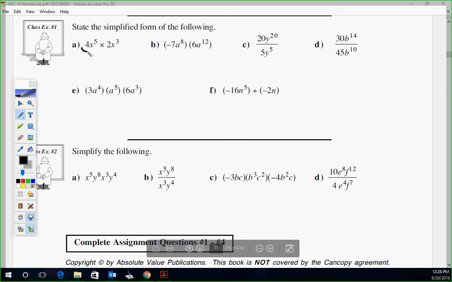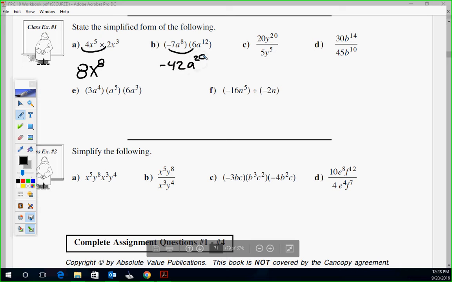Here, 4 times 2 is 8, x5 times x3 is x8, because you add 5 plus 3. B: negative 7 times 6 is negative 42, a8 times a12 is a20.